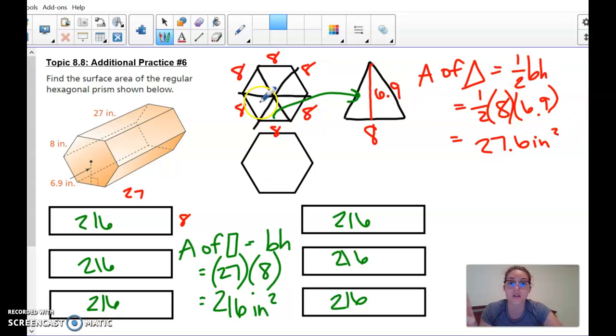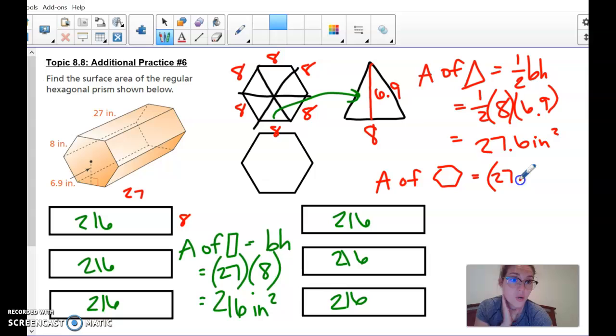Now 27.6 inches squared is only the area of one of the triangles. But each of these hexagons has 1, 2, 3, 4, 5, 6 triangles in it. So I actually have to multiply that by 6. So the area of the hexagon is equal to the area of one triangle, which is 27.6 times 6, because there are 6 of them.